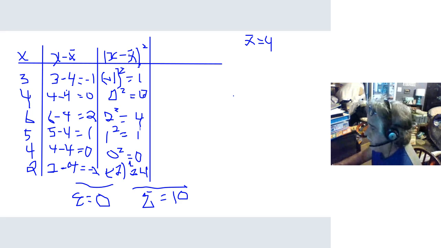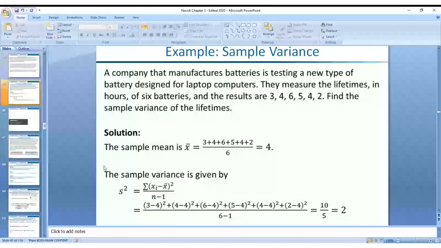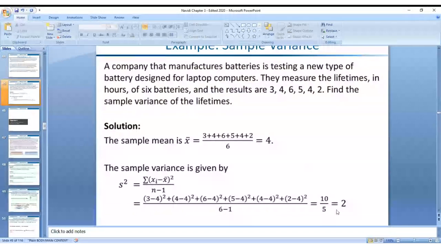Let's go back over here. I just wanted to show you how all those little intermediate things worked. We'll go back over and now we'll look at the PowerPoint, now that we've filled in the blank. All right, as I said, all of those squares end up being 10.